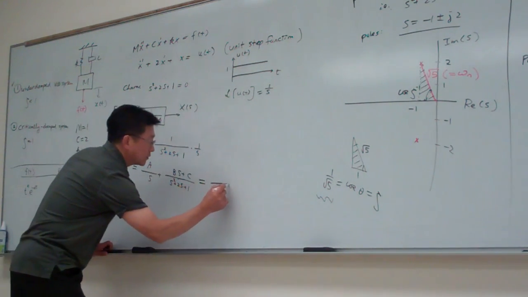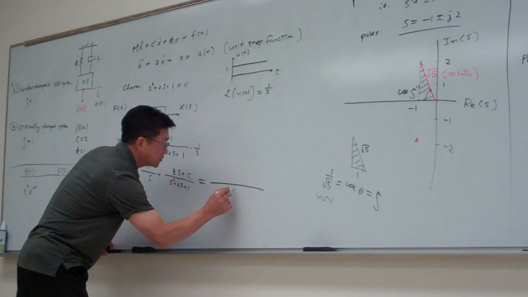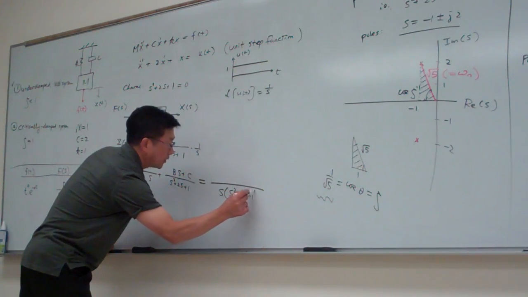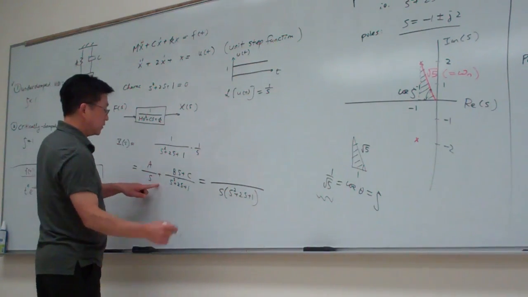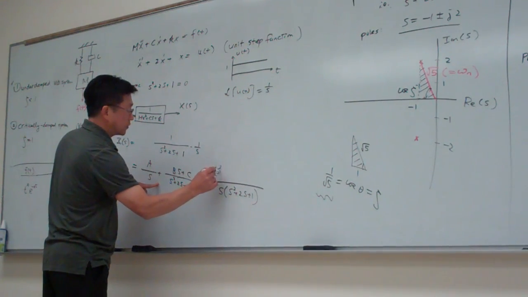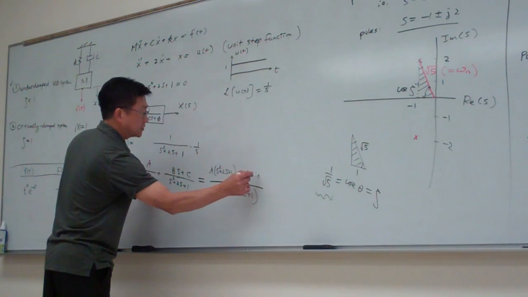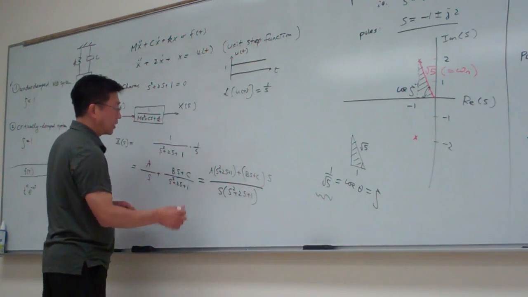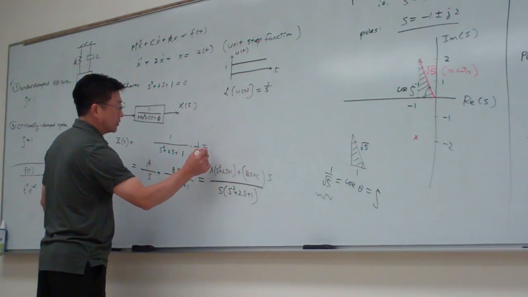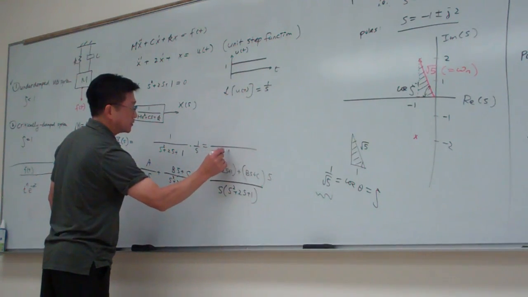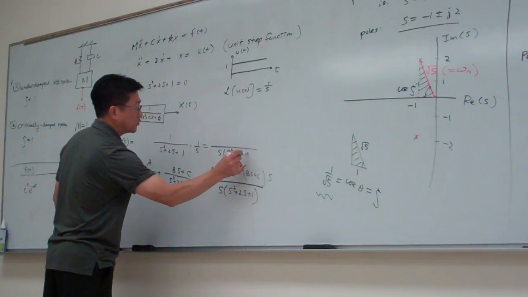Basically this one, let me rewrite as s squared plus 2s plus 1 and do the calculation. That is A times s squared plus 2s plus 1 plus Bs plus C times s. So I compare the coefficients of the numerator polynomial with s squared plus 2s plus 1.